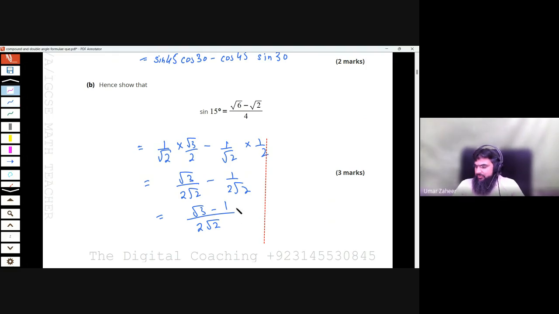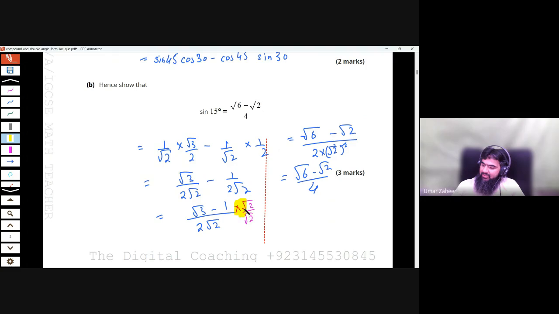I'm going to multiply and divide with root 2. So that will be equal to root 3 multiplied by root 2, that is root 6, minus root 2, divided by 2 root 2 squared. Square and square root cancel out. You will get the final answer root 6 minus root 2 divided by 4. So here we have to take the help of rationalization to get the required format.